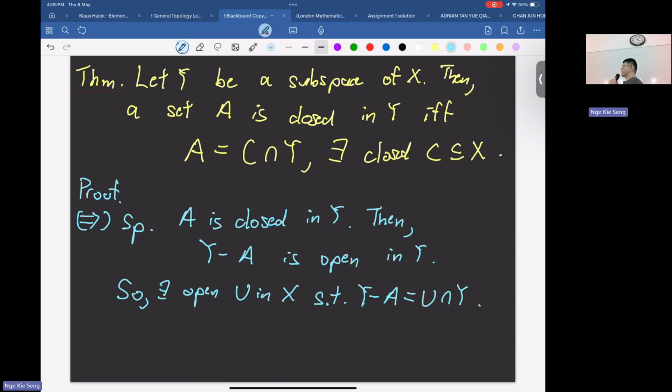Now here is the problem: how to find C closed such that A equals C intersect Y. This information doesn't tell you about A, but it tells you about the complement of A. Somehow you need to use this condition to find the C. I'll let you think a little bit.